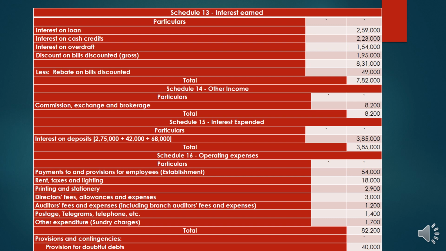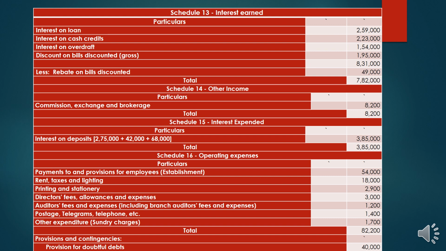So therefore 45% will be equal to 1,27,350. 45% is equal to 1,27,350. So we have to ascertain what will be the amount for 55%, and that 55% will be transferred to provision for taxation. So we'll get the total profit 2,83,000.